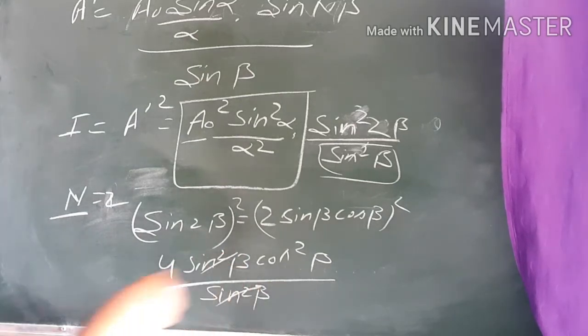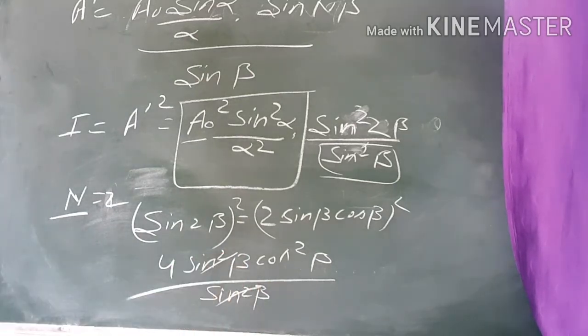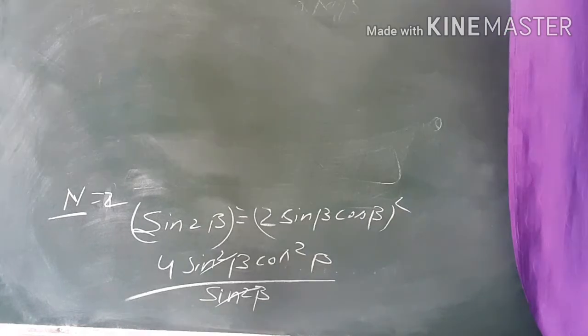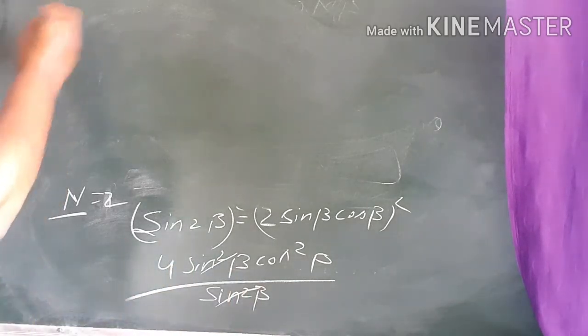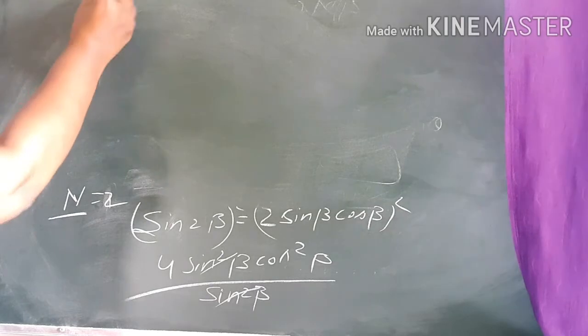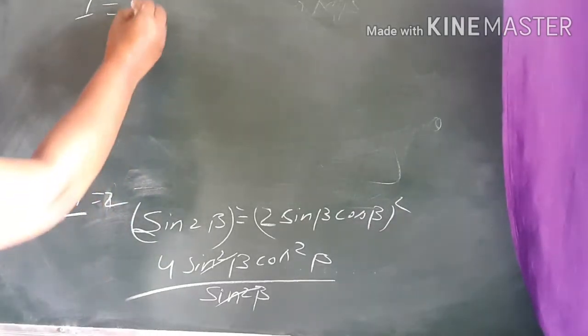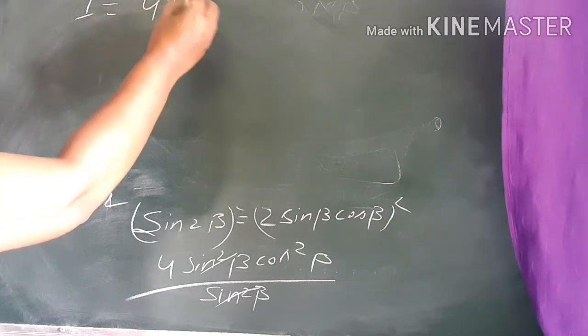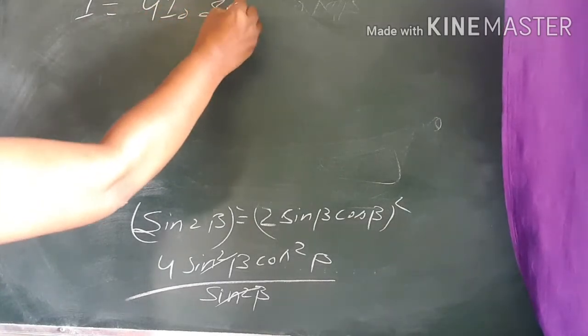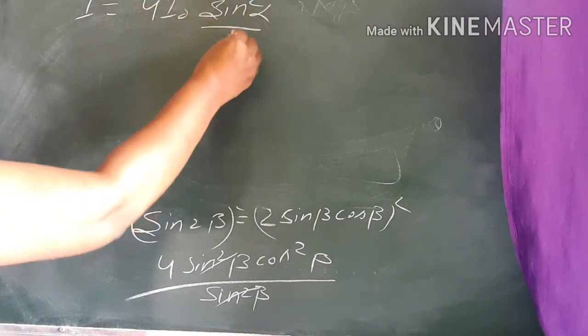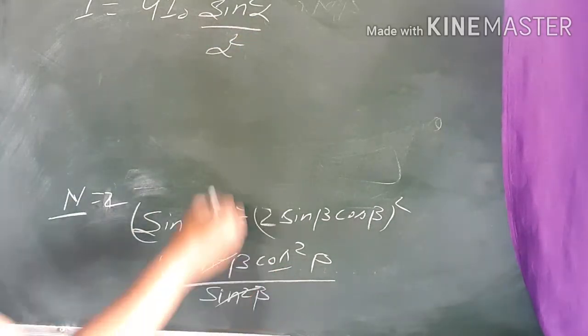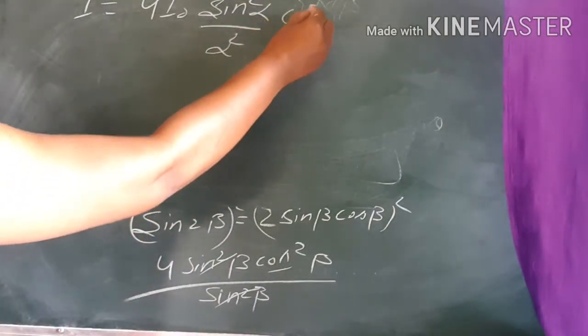The sin square beta cancels out, and we finally get I equal to 4 I naught sin square alpha by alpha square into cos square beta.